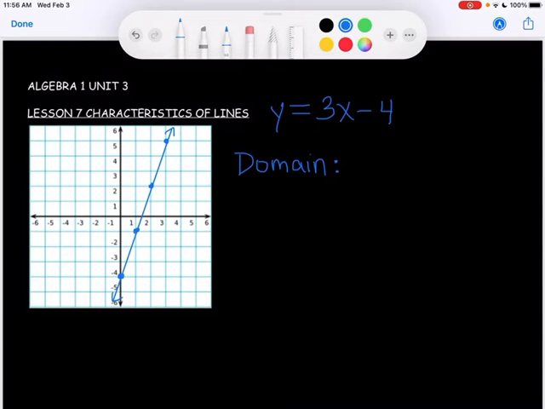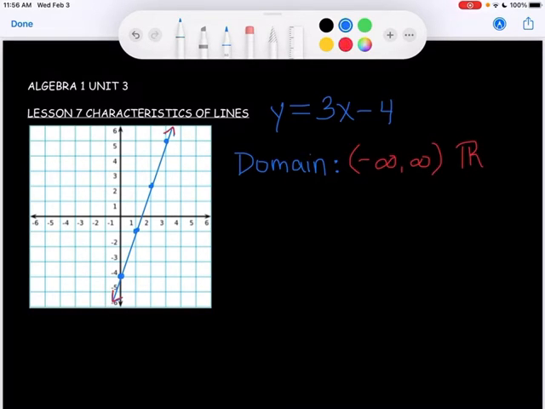I know it's going up and down here, but it's also going left. This is going down and left, and it's going to keep going down and left. And it's going up and right, and it's going to keep going. So it goes left and right forever. So we write this with negative infinity to positive infinity, because it goes left forever, it goes right forever, and you have parentheses. You can also say all real numbers.